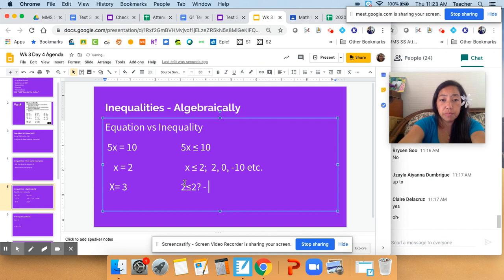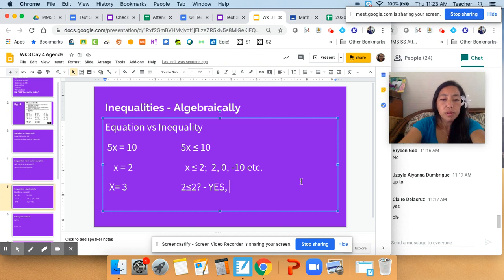Yes, it is, right? What about, is that the only solution? Is 2 the only number, the only value that will make this sentence true? I want you to think about that and think, is there another number that could make this sentence true?